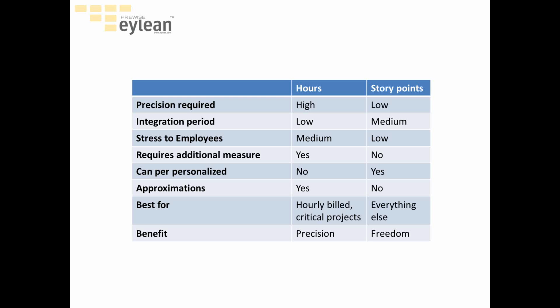I'm not saying that hours is a bad approach. Neither was I saying that the traditional agile planning way is bad. It just doesn't fit most of the cases. There are some particular areas where this can be applied, and for instance hours are very good when you're working on hourly billed projects where you need to make some kind of reports for your customer.